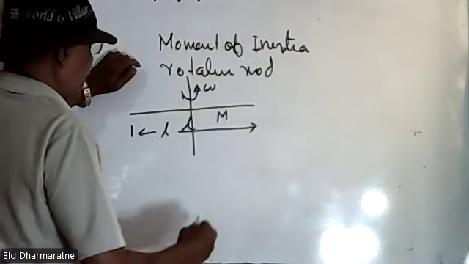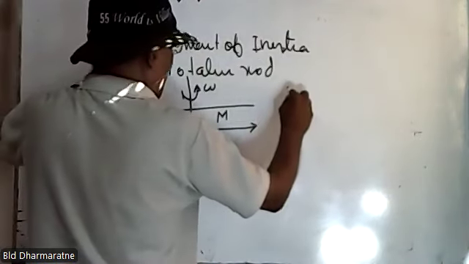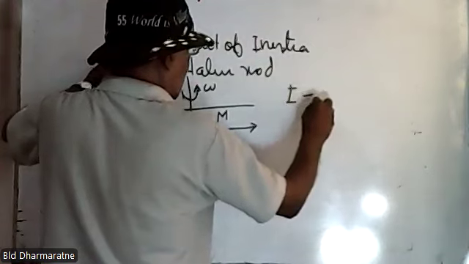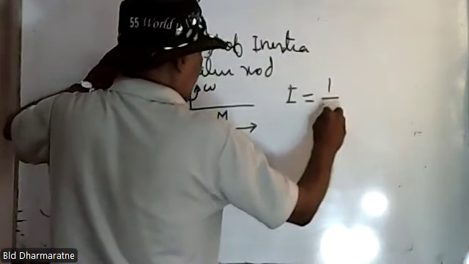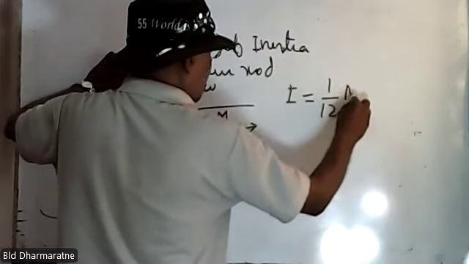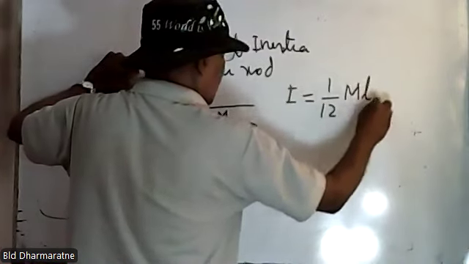It can be seen that I equals 1/12 ML squared. This is the rotating rod.